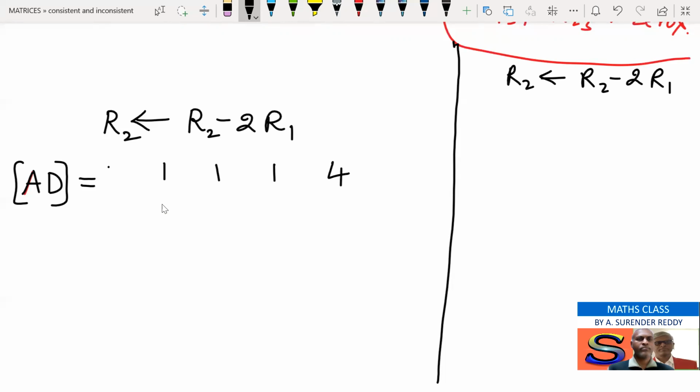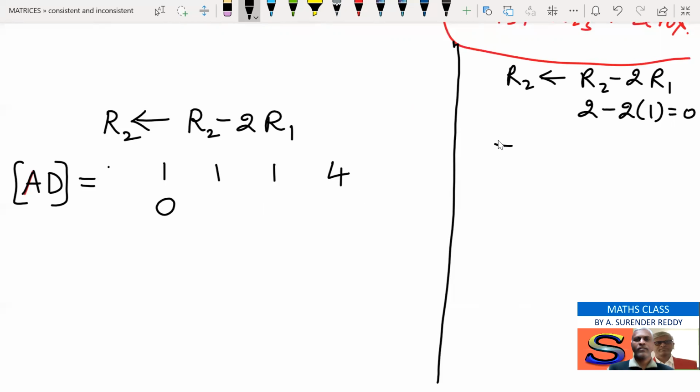Taking R2 and R1, the element 2 and 1 becomes 0. So the second row's first element has become 0. Now apply the formula for all other elements of the row.